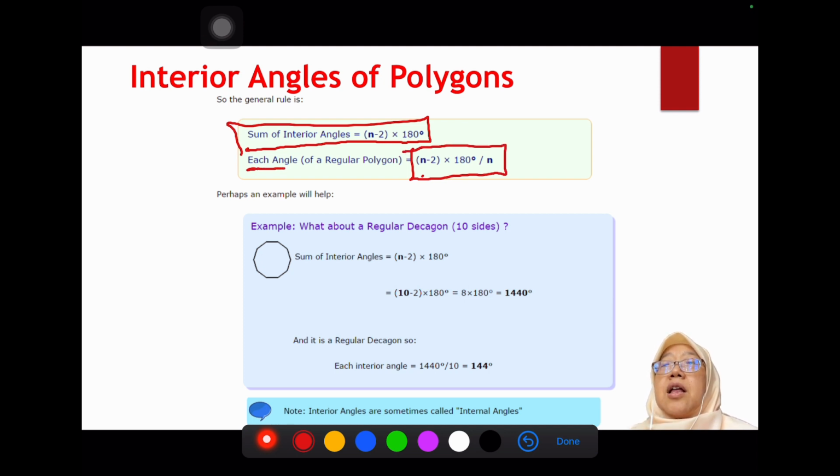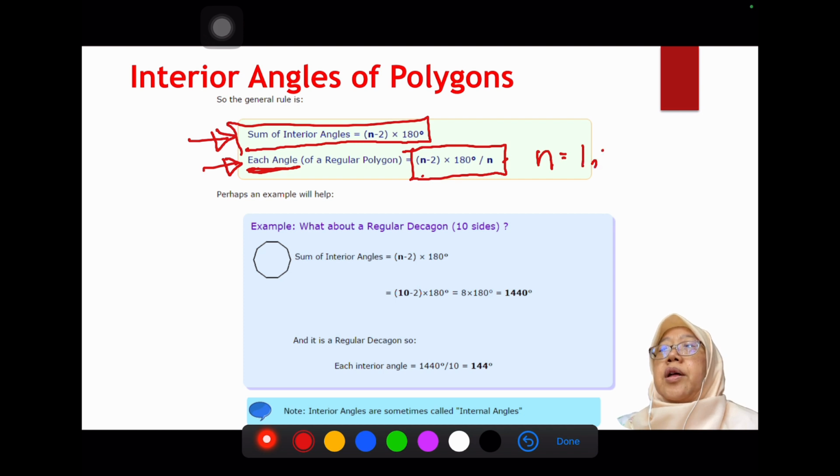So this is the sum, and each angle of a regular polygon is n minus 2 times 180 divided by n. n starts from 1, 2, 3, but of course, the smallest number will be 3.